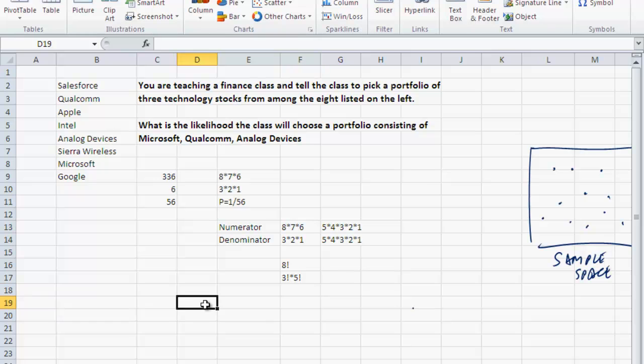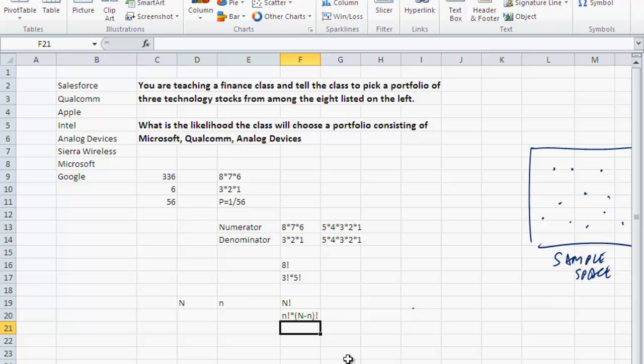So in general, if I have capital N things and I'm trying to choose small n items out of the capital N, then the formula is N factorial in the numerator, and in the denominator I have small n factorial times (capital N minus small n) factorial.